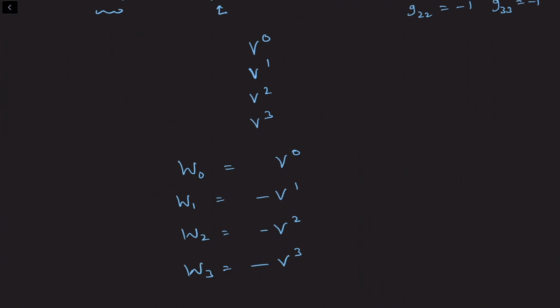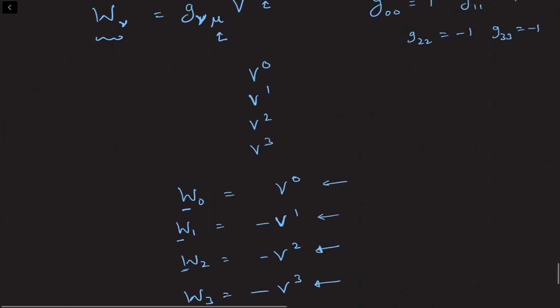So it's not that I've constructed a new four vector, it's just that I've taken the components of the old four vector and performed an operation on them. I'm still talking about the same four vector, but I've just redefined the components of that four vector.